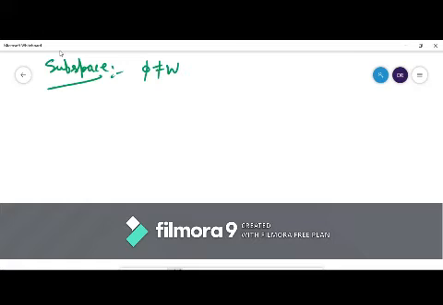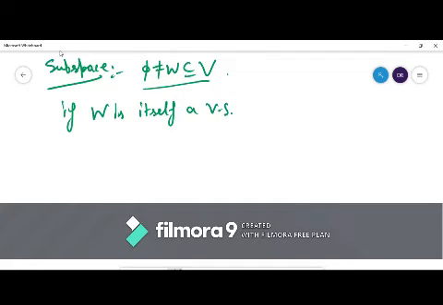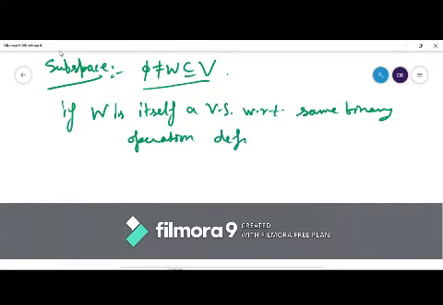Let W be a non-empty subset of a vector space V. Then this W is said to be a subspace of V if W is itself a vector space with respect to the same binary operation defined in V. Hence W is a subspace.